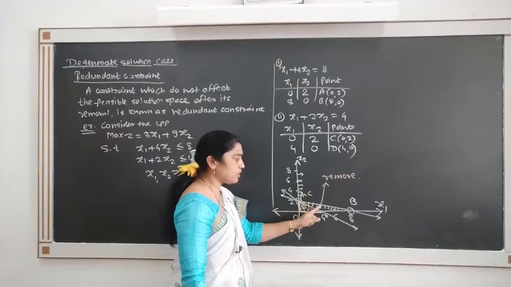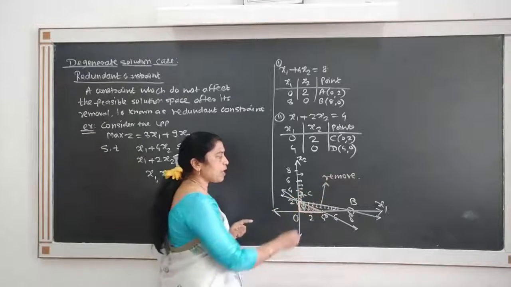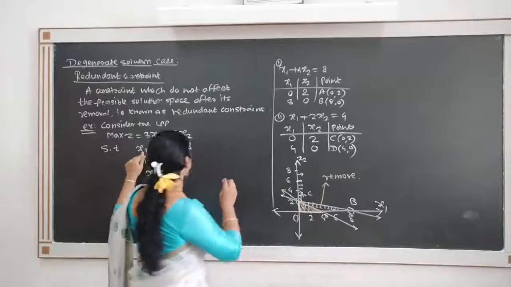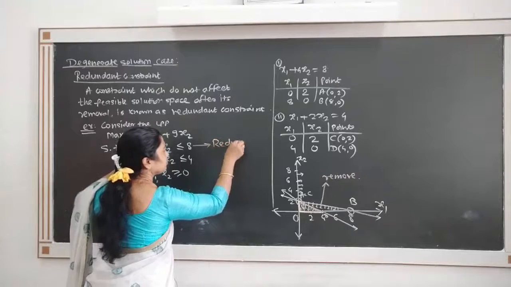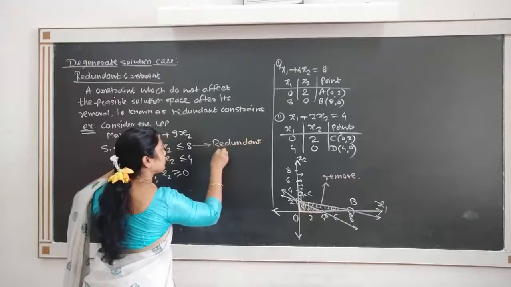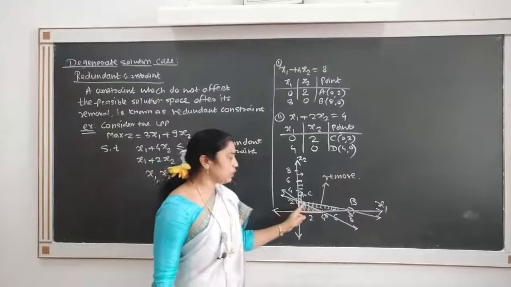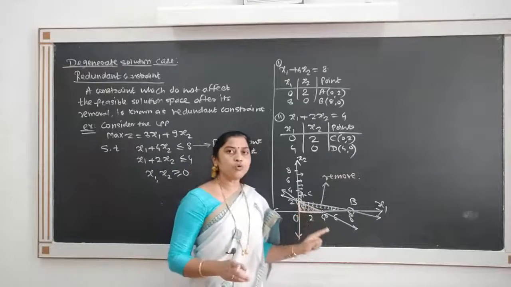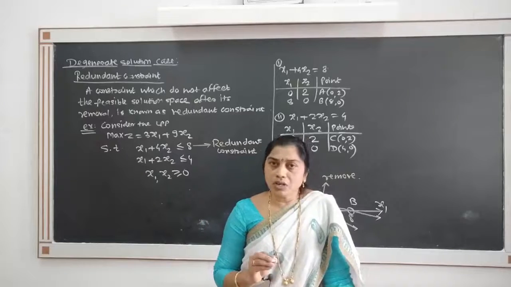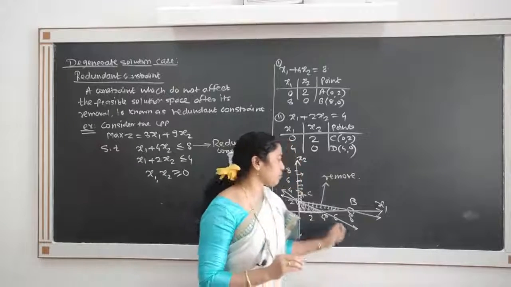So removal of this line does not affect the feasible solution space, which implies that the constraint x1 plus 4x2 equal to 8 is a redundant constraint, because even though you delete this line, the feasible region remains the same.